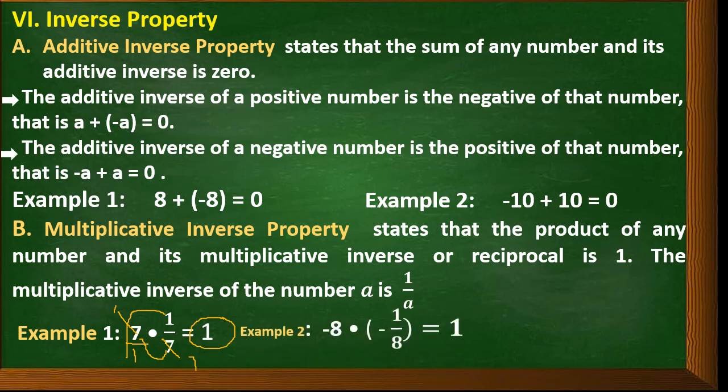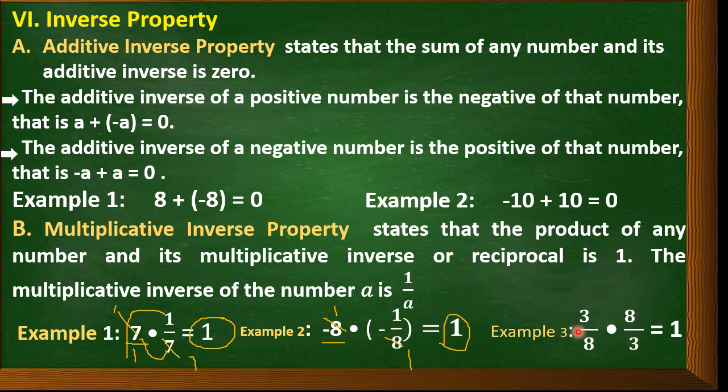Another example, negative 8. The reciprocal of negative 8 is negative 1 over 8. Okay, so once we multiply this one, we have 1 as our product. And lastly, if we have 3/8, the reciprocal of 3/8 is 8 over 3.